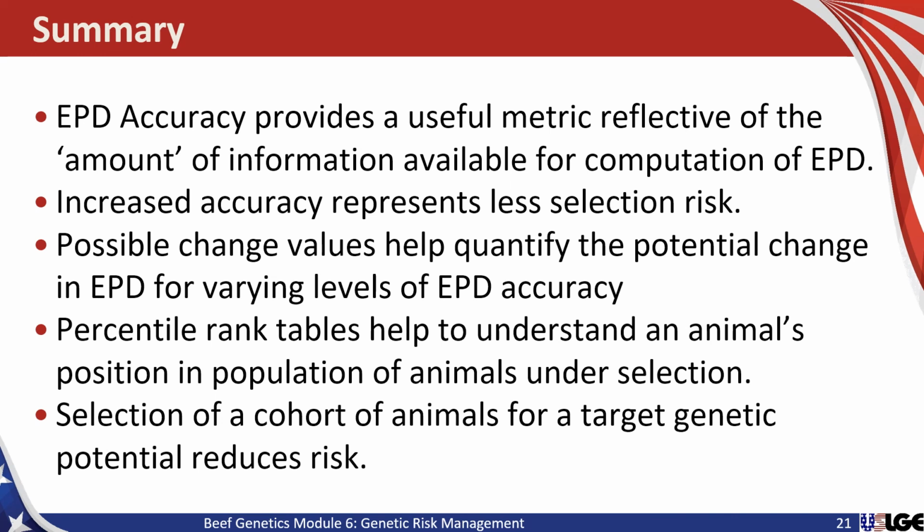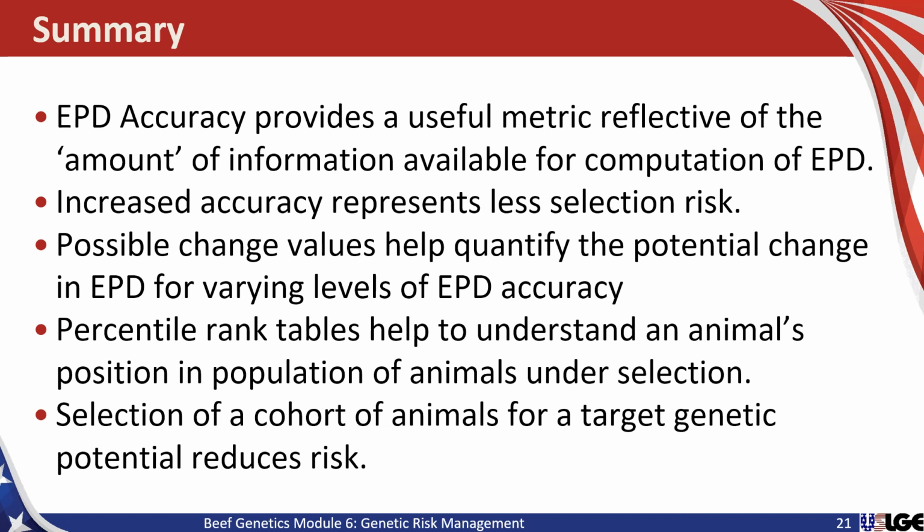So if we're considering two bulls, say in an artificial insemination semen catalog, and the bulls both have comparable EPDs but have substantially different accuracies, we should likely select the bull that has a higher EPD accuracy, as it represents less selection risk. Possible change values help us quantify potential change in EPDs for varying levels of EPD accuracy. They help us build confidence intervals around those particular EPDs to understand how much risk we face if the EPDs in fact do move around some, as more information becomes available for the genetic evaluation.